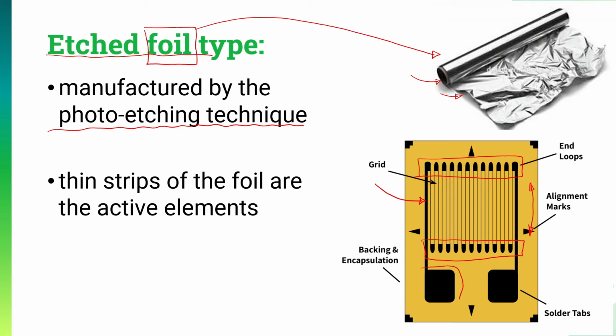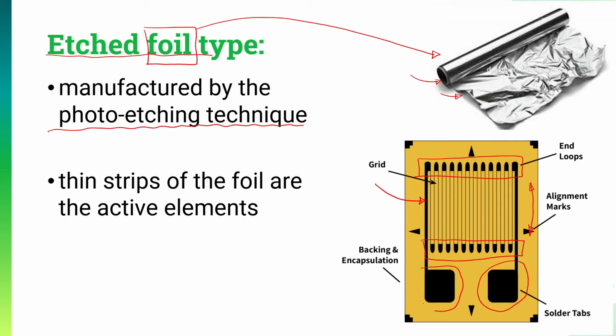Secondly, in this area also we are having the thick material. In this area also we are having the thick materials. So all this area where the thick materials are used, they are actually very insensitive to the strain. So what is going to happen? The resistance is not going to change in this area. And secondly, the heat transfer will be higher due to this larger area.